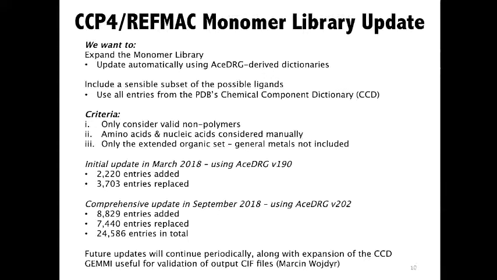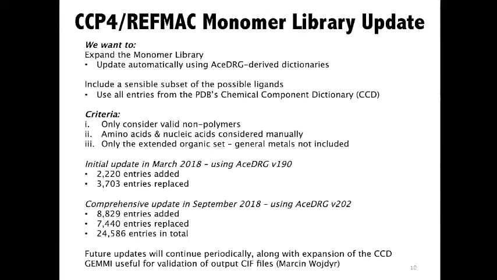So last March, using AceDRG version 190, we did this initial update. 2.2 thousand entries were added and 3.7 thousand entries were replaced in the Monomer Library, followed by a much more comprehensive update in September, where an additional 8.8 thousand entries were added and 7.4 thousand entries replaced, resulting in over 24,000 entries now in the Monomer Library, which should make it much easier if you are dealing with a ligand that is already known.